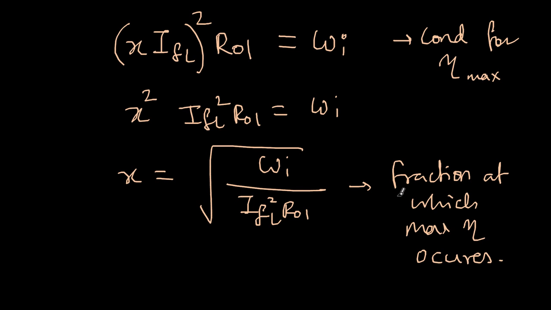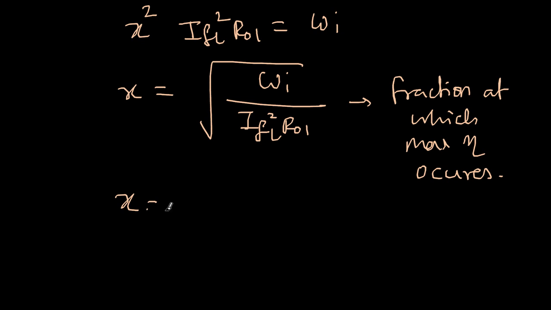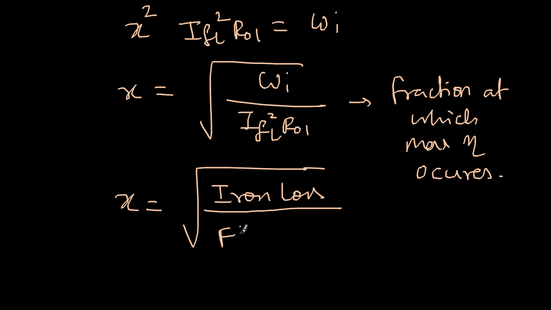What is there in the numerator? x is the square root of iron loss divided by full load copper loss. So if I know iron loss and full load copper loss, then based on that I can find at what fraction the maximum efficiency occurs for the machine.